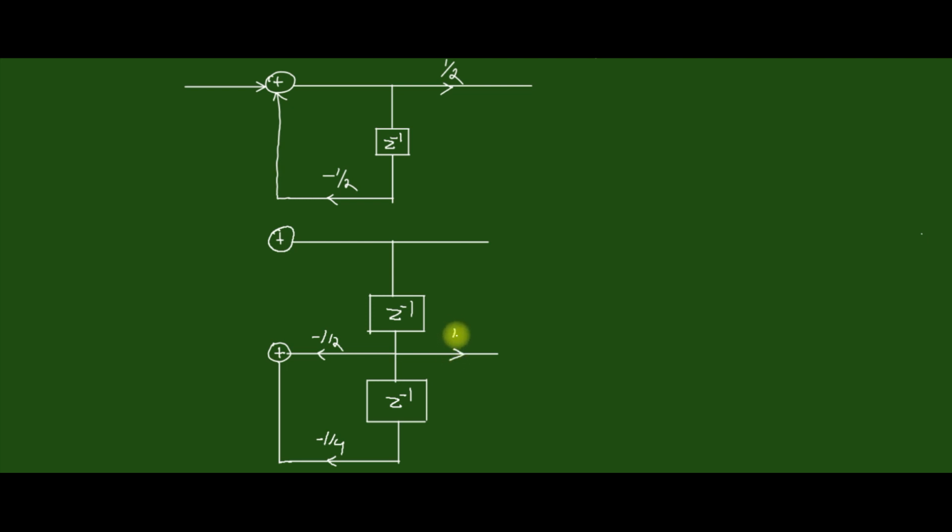Now the B coefficient 1 by 4. Here the B0 coefficient half. So we have the two structures which we have to connect in parallel.